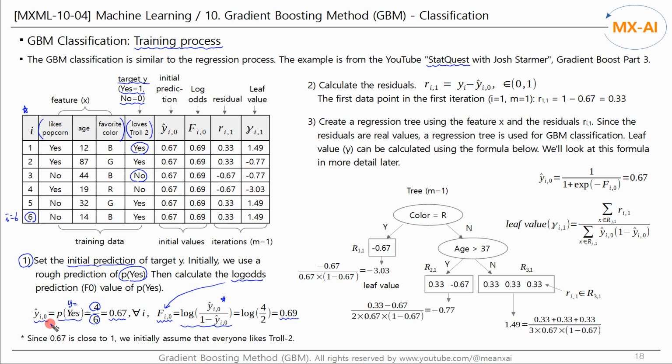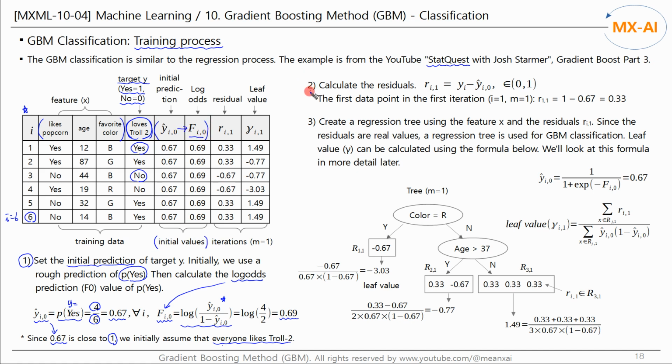Since y-hat is 0.67, which is close to 1, we initially assume that everyone will like Troll 2. Classification requires these 2 initial values. We got the y-hat, and then we got the log odds f.